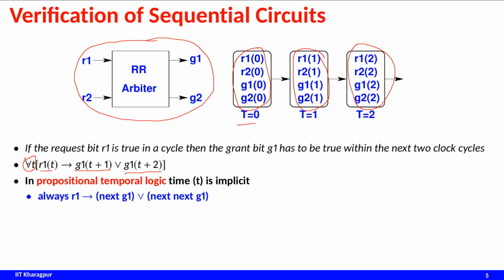Now when we try to extend this idea in this domain, then probably we can say that R1 implies next of G1, or next next G1. If I introduce a special operator for next, then I can go ahead with the propositional logic.